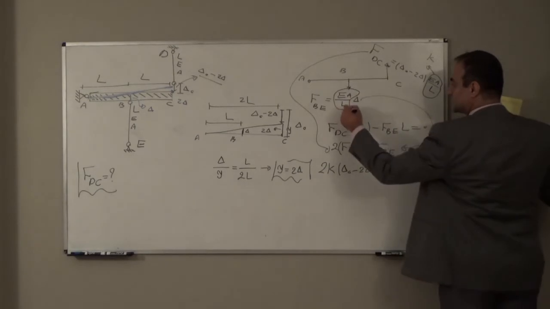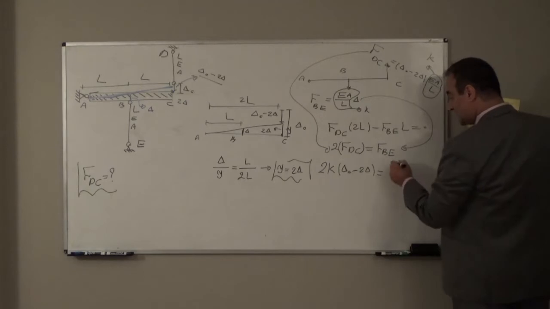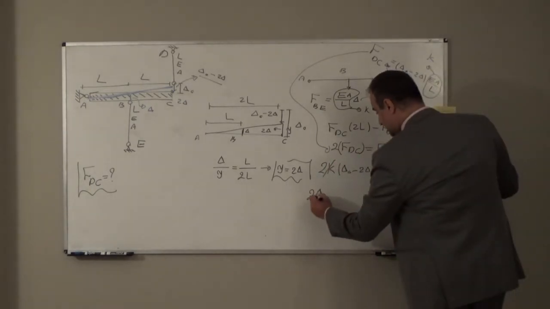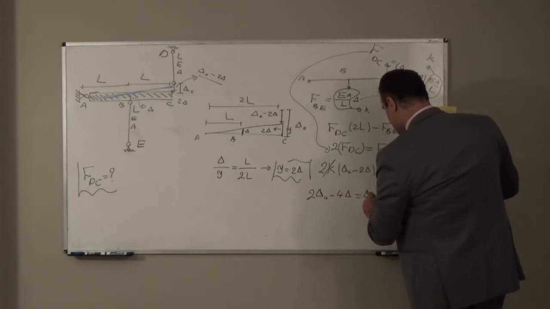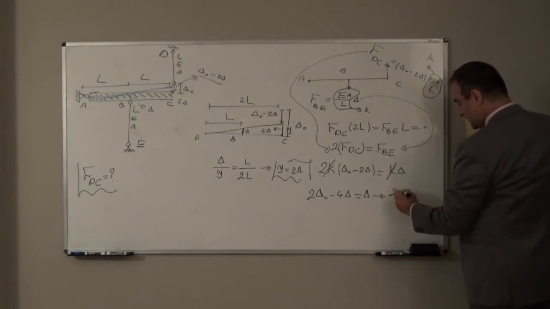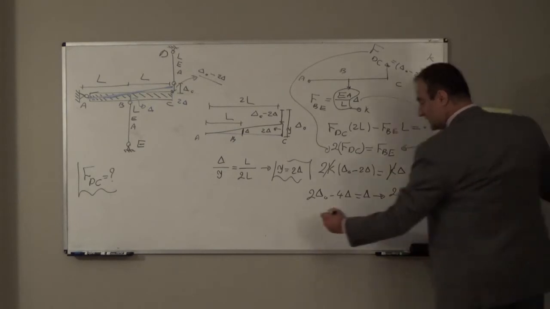F BE, again, this is K delta. K and K will cancel, so 2 delta naught minus 4 delta will be equal to delta. From here, if I take to the other side, it will be 2 delta naught is equal to 5 delta.